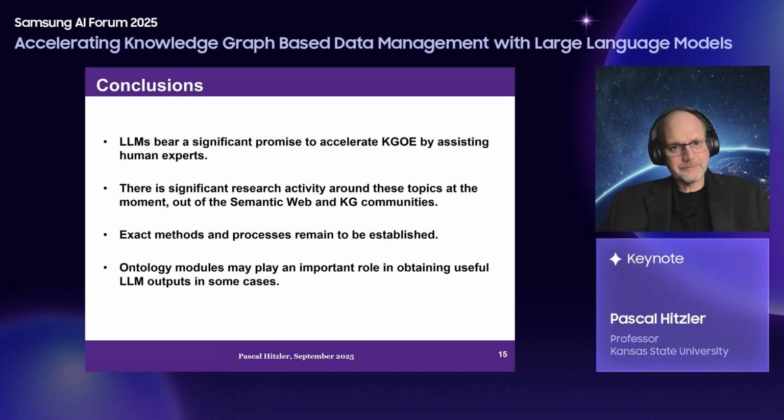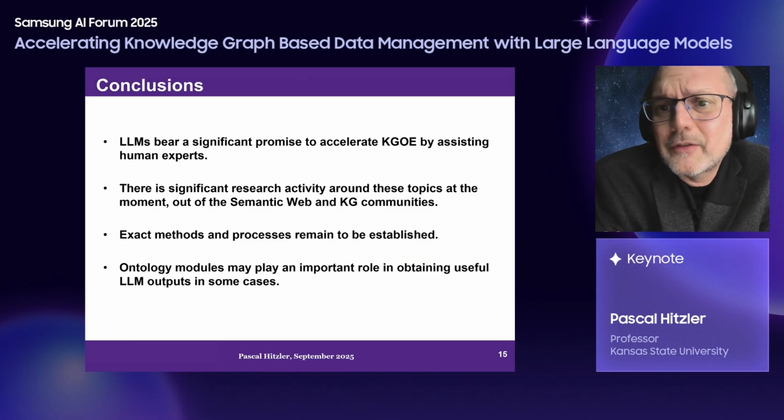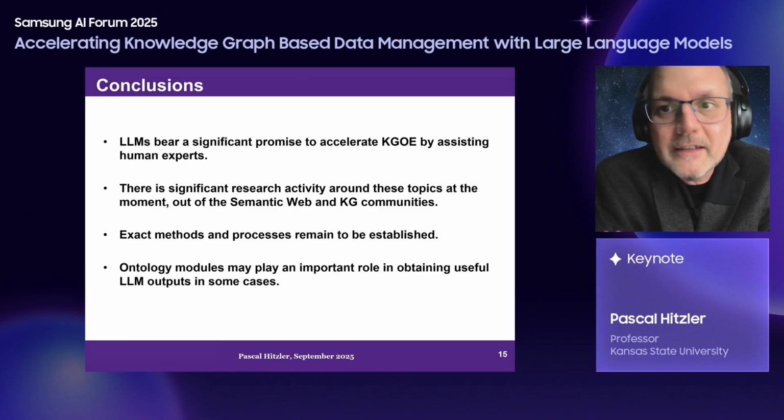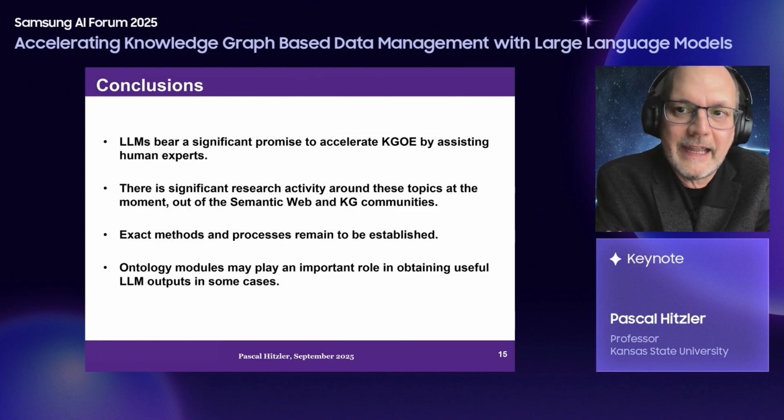So, conclusions. LLMs bear a significant promise to accelerate knowledge graph and ontology engineering by assisting human experts. I think this is clear now, and that was the hope the community was following since LLMs came along, and I think we have clear indications now.